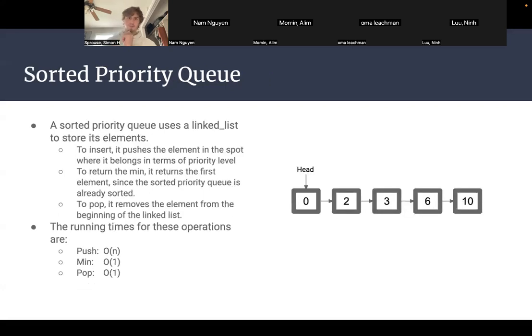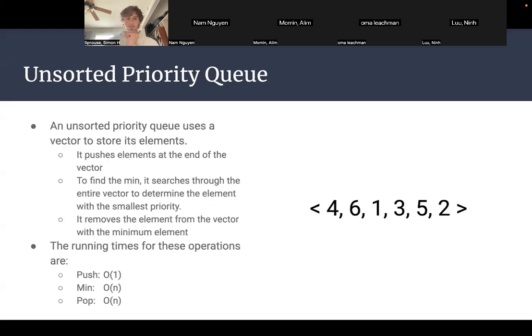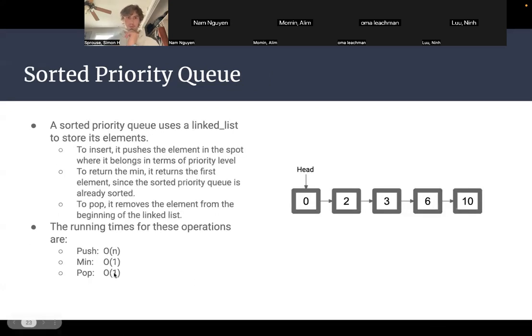So a sorted priority queue is a little bit of an upgrade. If you see the difference between these runtimes, between these slides, you can see you're making push more expensive by sorting your queue. It used to be O of one push because it was a random insert. Now it is a careful insert, but the reward for that is that finding the minimum or popping the minimum, maximum, whatever it is, is now a lot less expensive.